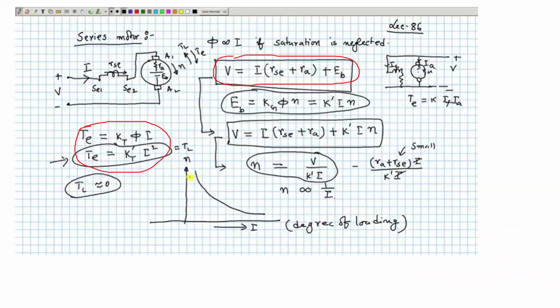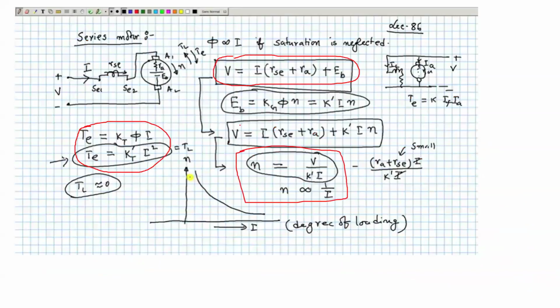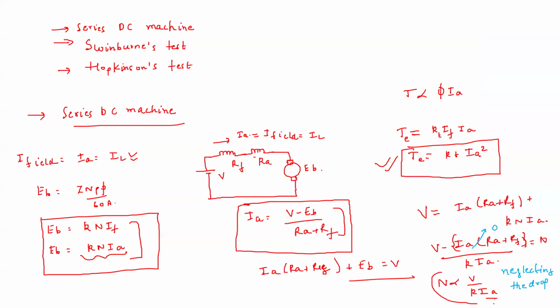This is the same thing which sir has also told in his class. If you see his recorded lectures, he has derived that torque is proportional to KT into I square. Here also torque is proportional to KT into IA square. And from this expression, he has derived that the speed is inversely proportional to current. Here also the speed is inversely proportional to current. These expressions are very important expressions.